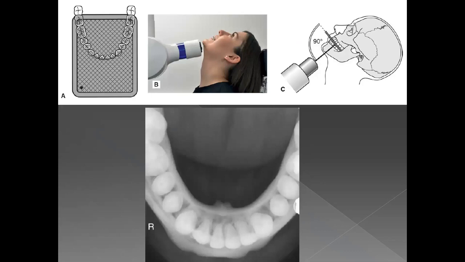So this is the tomographic view of the mandible, or the lower standard occlusal for the mandible. As you can see, again, the X-ray receptor is held between the teeth in the occlusal plane, and you fire the X-ray beam through the chin and almost at a 90-degree angle to the X-ray film. The patient's head obviously has to be tilted extremely backwards.